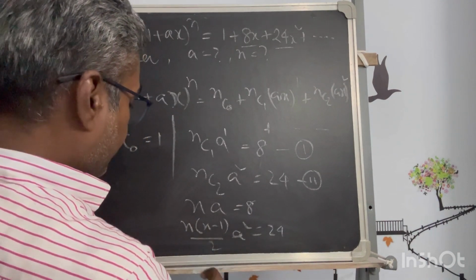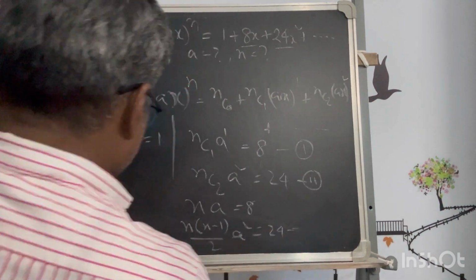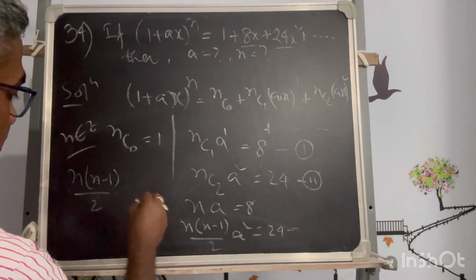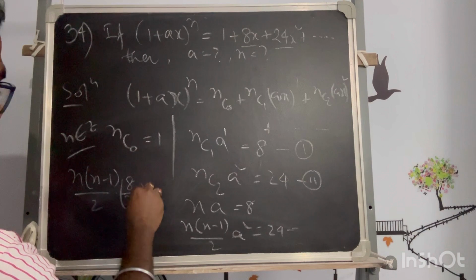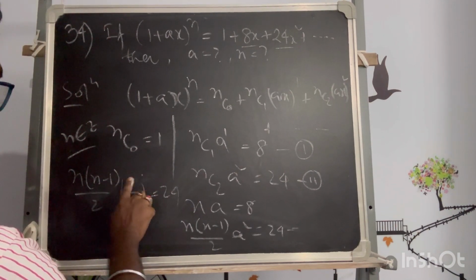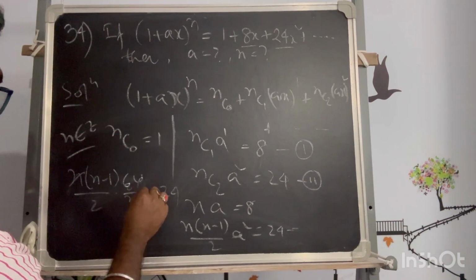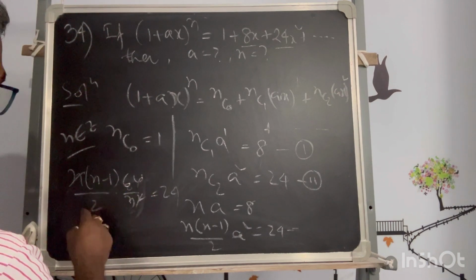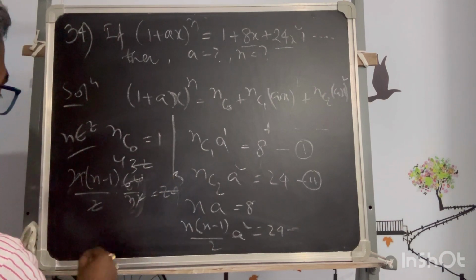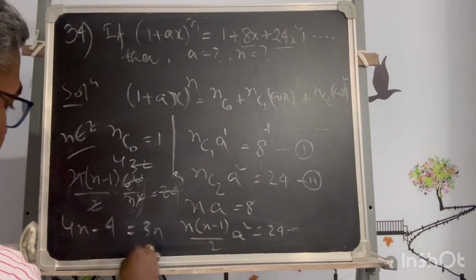Now if I eliminate a, putting a = 8/n, we get (n−1)/2 · (8/n)² = 24. Removing the bracket, I get 64 on top and n² below. n can be cancelled out. So 64 by 32 is 2, further 8, 4, 8, 3. So ultimately 4n − 4 will give you 3n, so n = 4.